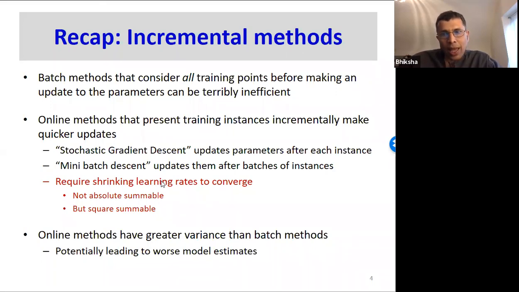In either case, we have to reduce the learning rates with iterations to guarantee convergence, otherwise these things will not converge. We have these two criteria for the manner in which these learning rates shrink: the sum of the absolute values of the learning rates must sum to infinity. At the same time, the learning rates over the entire learning must be square summable to ensure convergence.